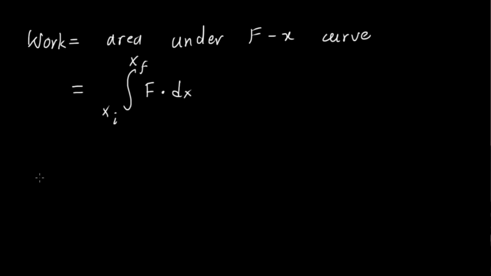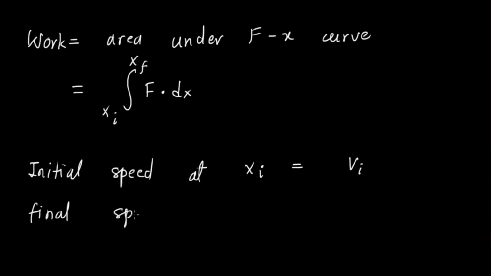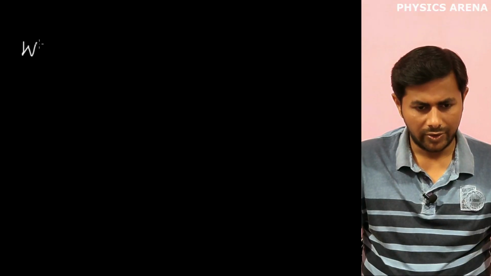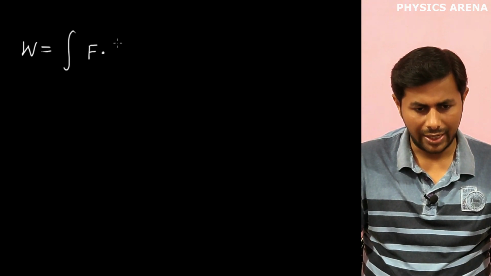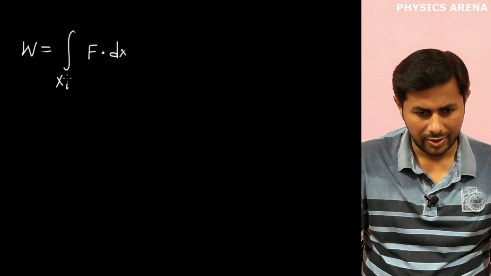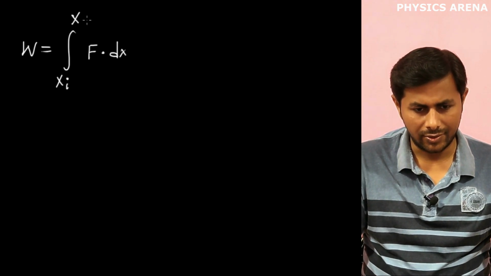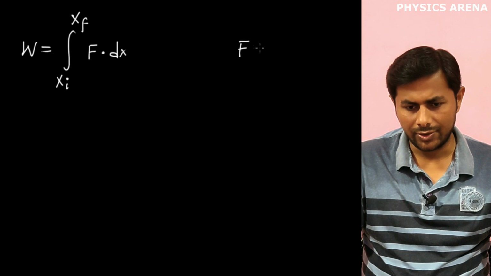Then let's suppose that initial velocity or initial speed, that is at position xi, is equal to v suffix i, and final speed at x suffix f is equal to v suffix f. So the work done is integral of F dot dx from lower limit xi to upper limit xf, and we know what is force.